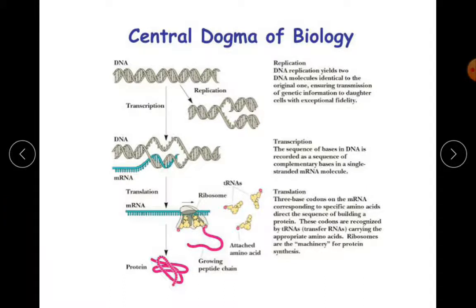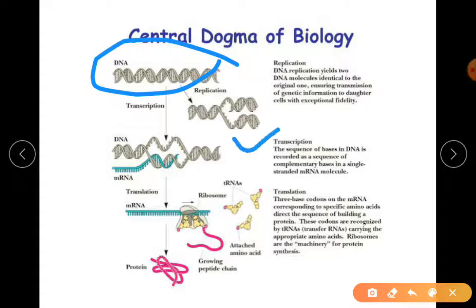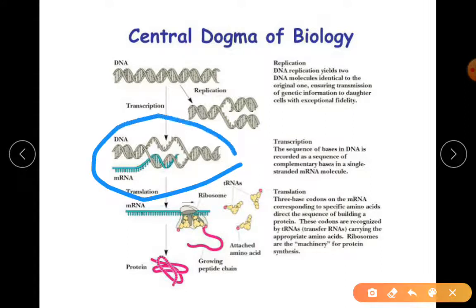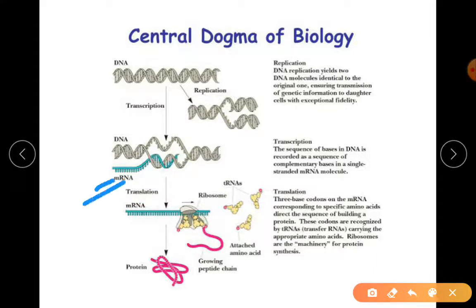This is what is shown in detail. You can see DNA, if it has to double, it will double like this. You can see how it separates and a new synthesis takes place. Similarly, translation: you can see the blue color. The blue color is produced from one of the strands, and this formation of the blue color is transcription. This blue color will be read.